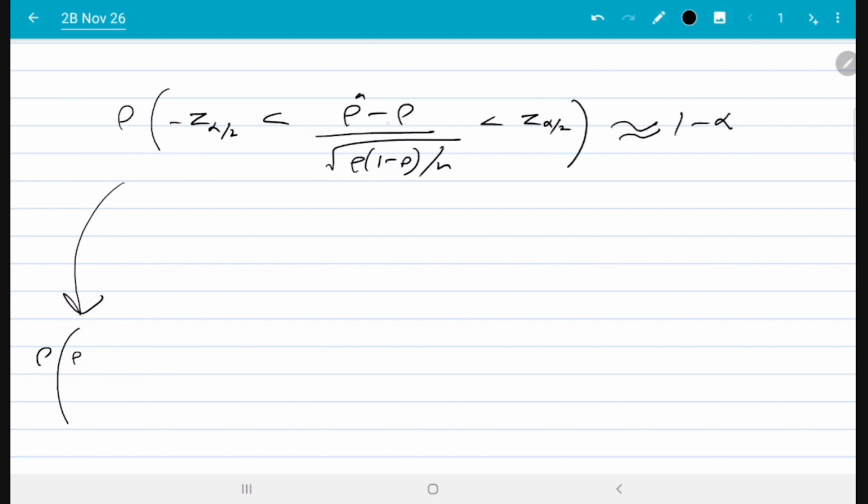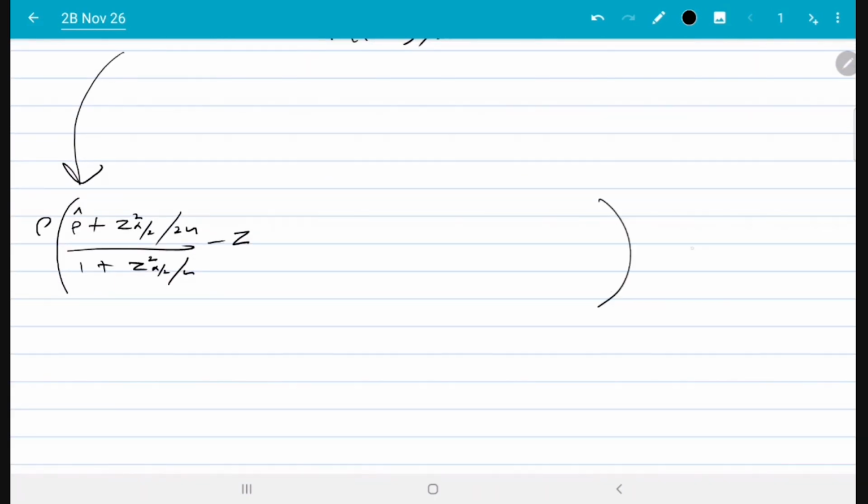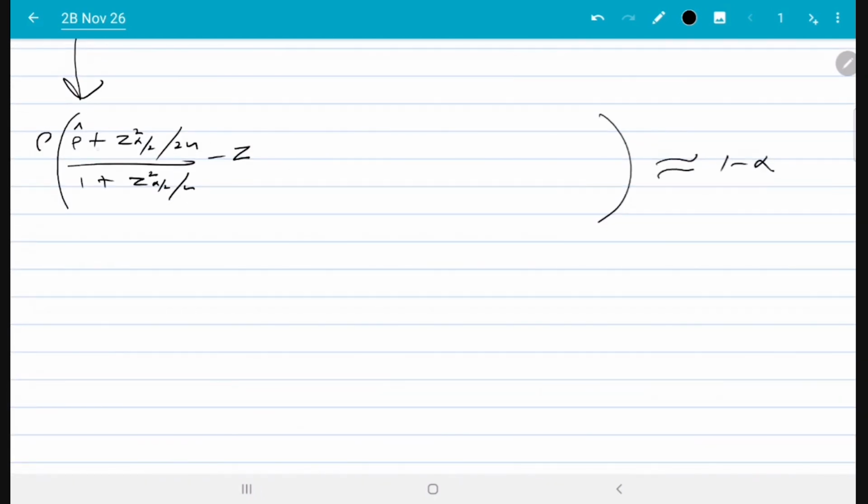Because we have p here and we have p in the standard deviation as well, it will be p hat plus z square alpha by 2 into n over 1 plus z square alpha by 2 into n. I don't have enough space to write this entirely, so I'm going to just write the confidence interval.